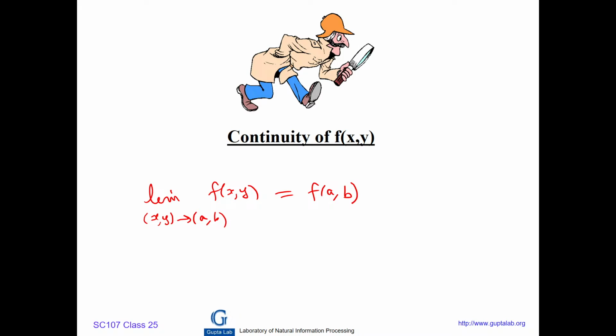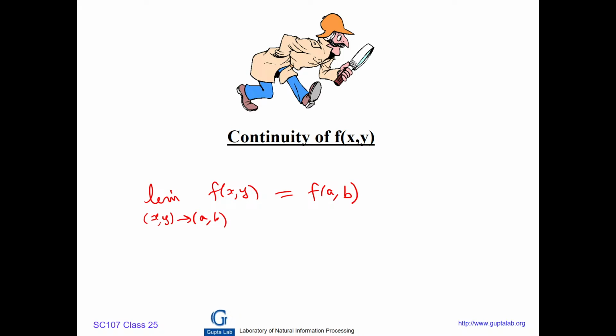If you want, you can write the epsilon delta definition of continuity of a two variable function. f of x comma y is continuous at a point a comma b if for every epsilon positive there exists delta positive such that mod of f of x comma y minus f of a comma b is less than epsilon whenever, zero you have to drop, whenever the distance between x comma y and a comma b is less than delta.